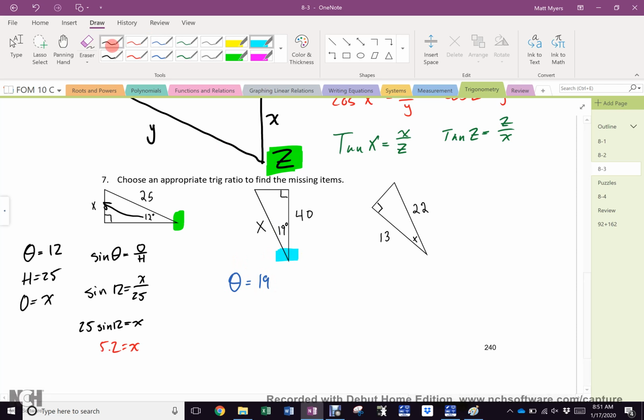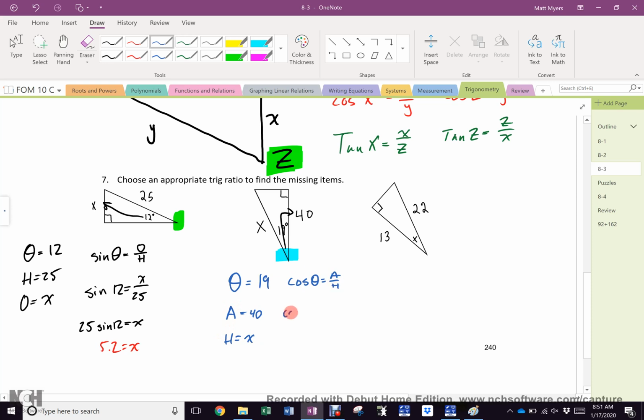Once I am there, I have to set it up. What is 40? Adjacent equals 40. What is this side? Hypotenuse equals X. What uses A and H? Cos. Cos theta equals A over H.